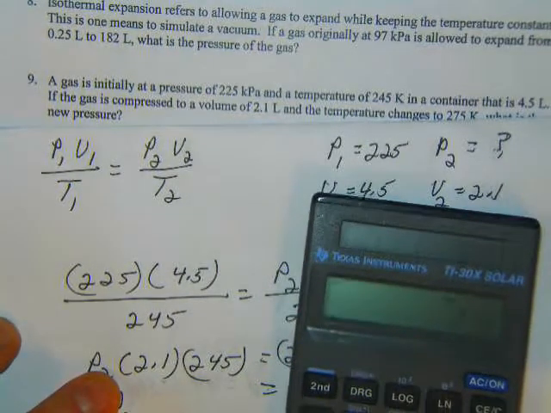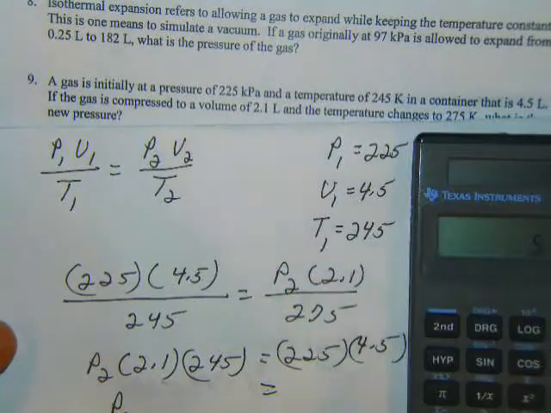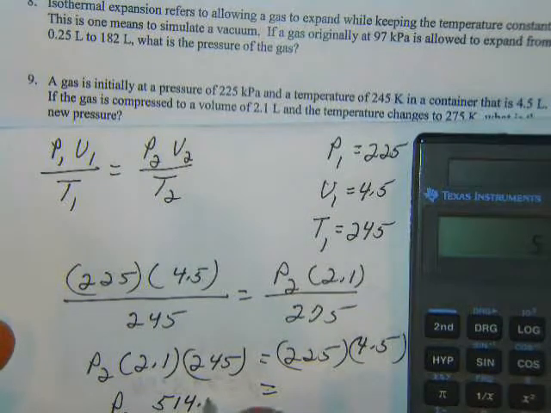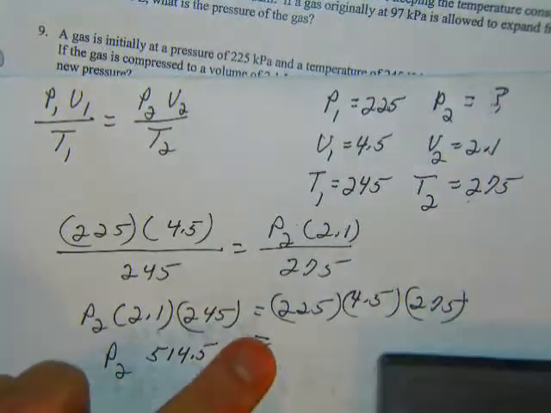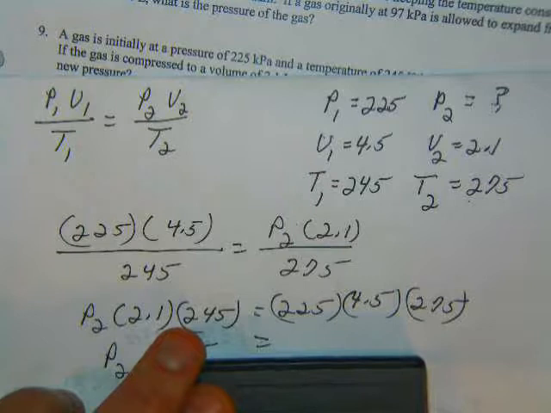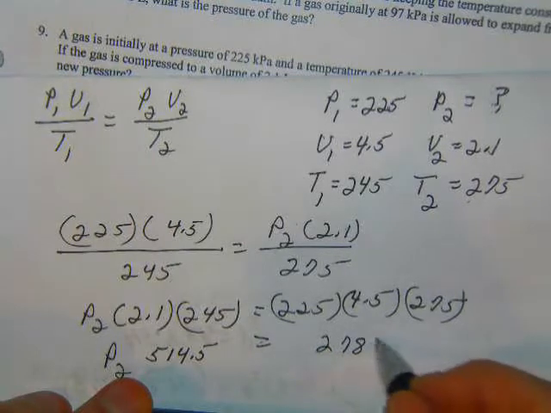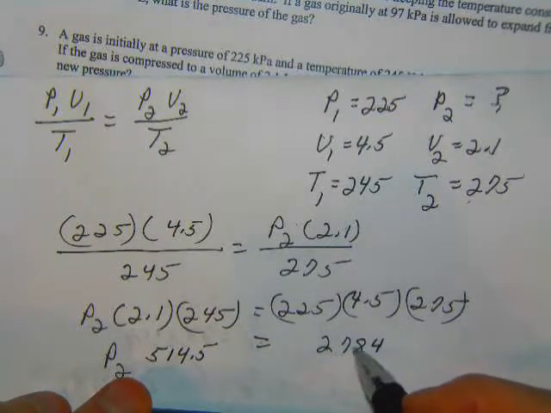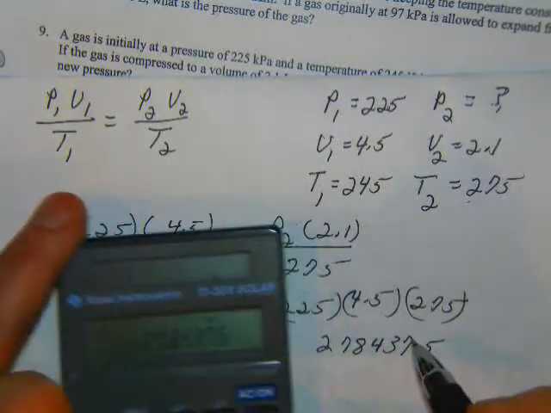So let's solve for P2, and we'll do the math since it's the last one here. 2.1 times 245 equals 514.5. And then let's do these three: 225 times 4.5 times 275 equals, that ends up being a pretty big number, 278,437.5.